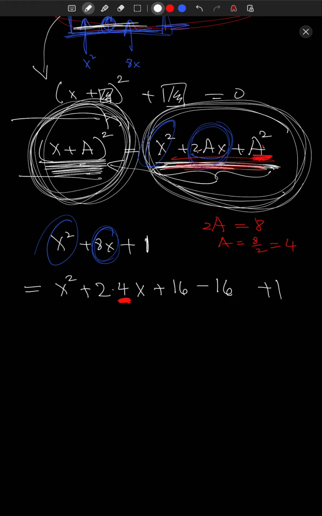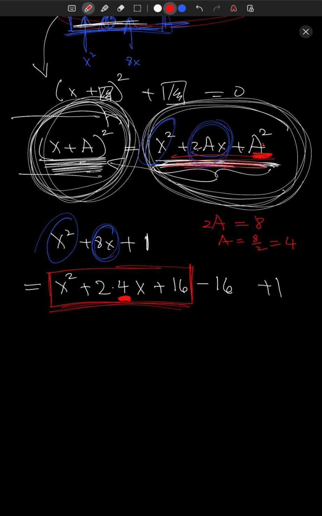All right? Now, notice, of course, that this expression, the second line right here, is much more horrible than the one I had originally. But the reason I did this is because the first 3 terms now are in the perfect form, right? X squared plus 2 times something x plus that something squared.